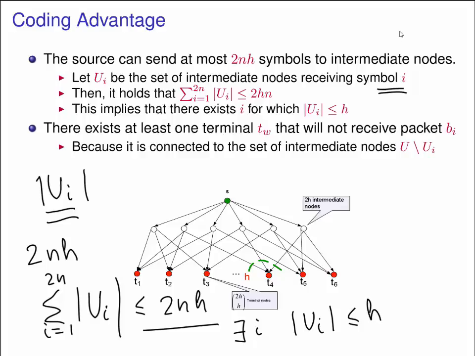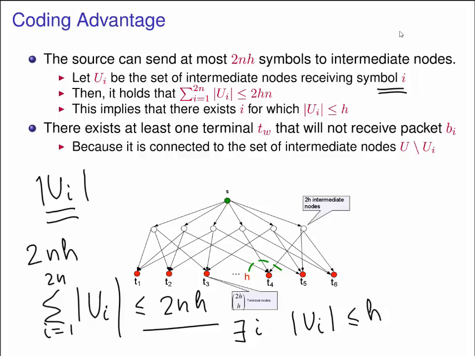This is just the averaging argument, right? If the average size of ui is less than or equal to h, then there exists at least one i for which the size is less than or equal to the average. Again, suppose all of them were greater than h, then they could not sum up to 2n times h, because we have 2n of them.